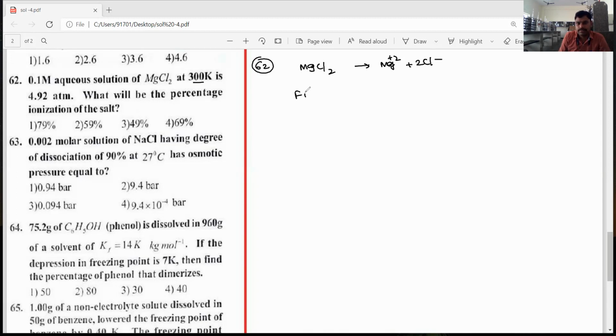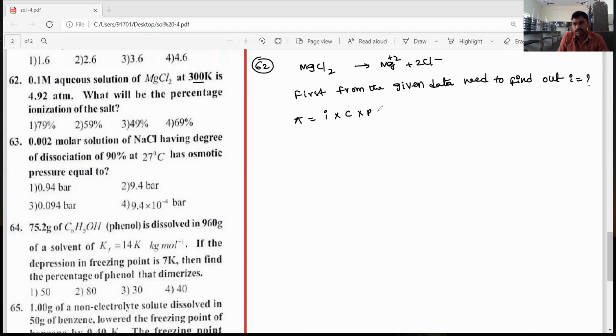First, from the given data, we need to find the i value. For this the formula is pi equals i into CRT.